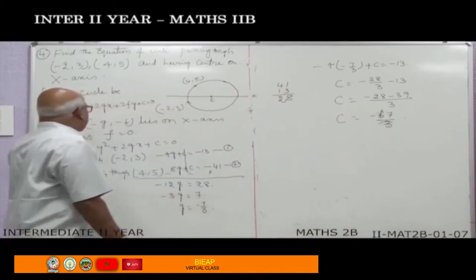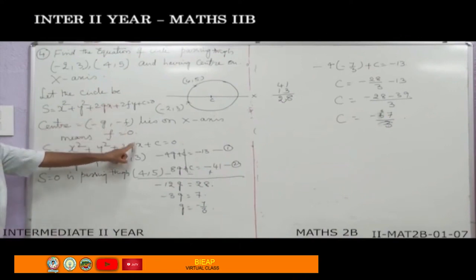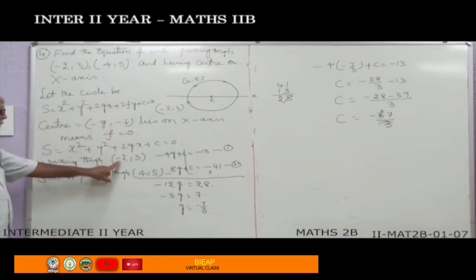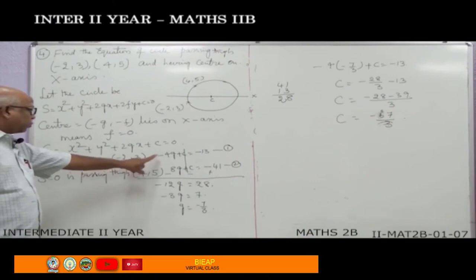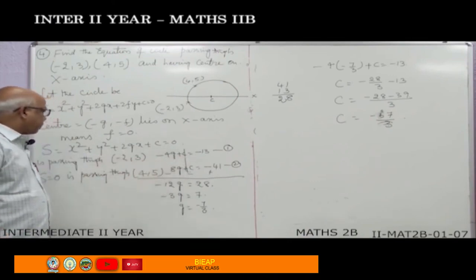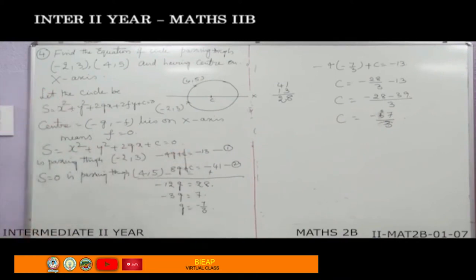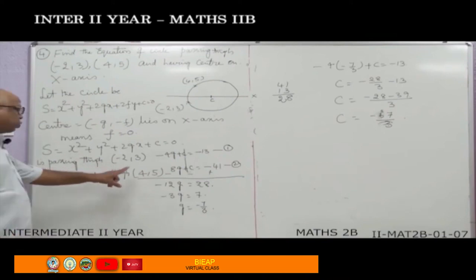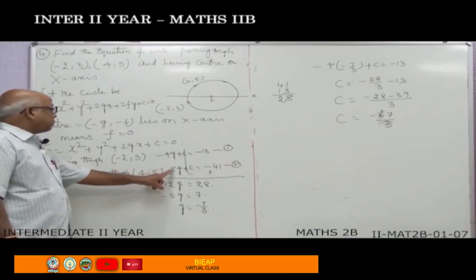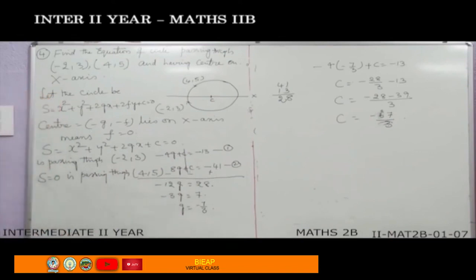Center lies on x-axis, hence I have taken f equal to 0. The equation will take this form. It is passing through minus 2, 3. So minus 4G plus C equal to minus of 13. Next, it is passing through 4, 5. Minus 8G plus C equal to minus 16 plus 25, 41.